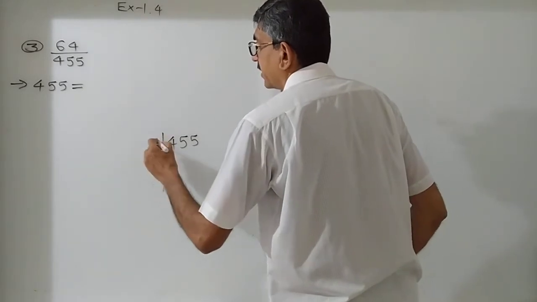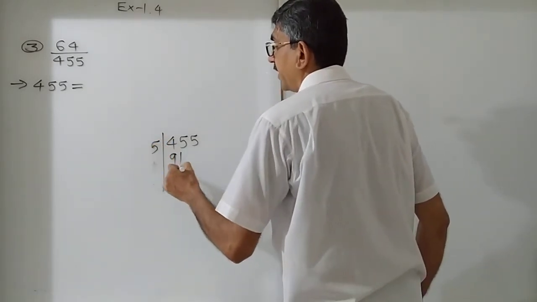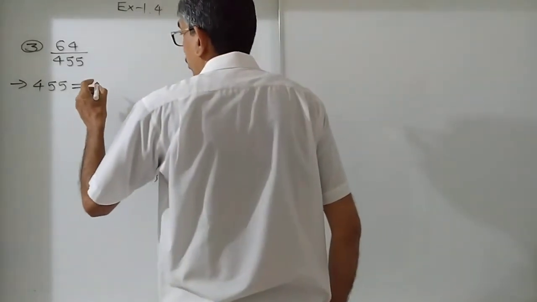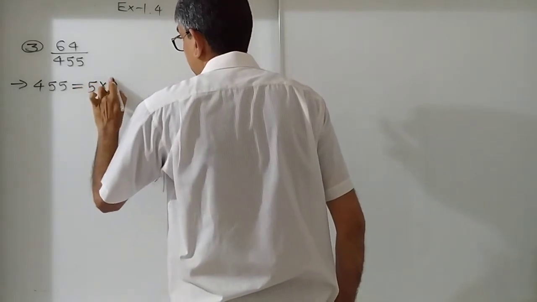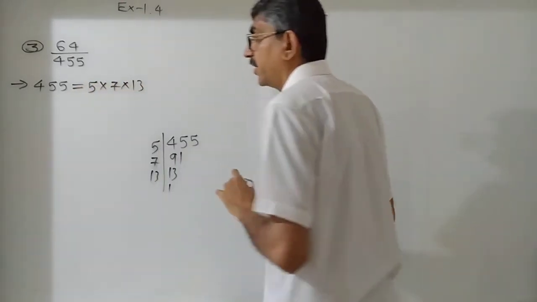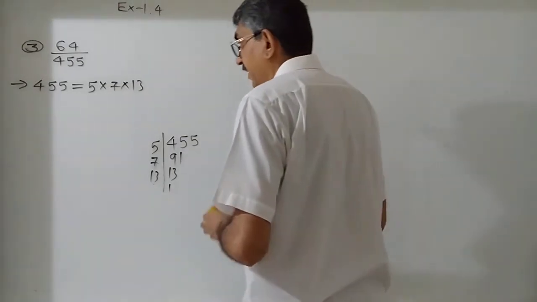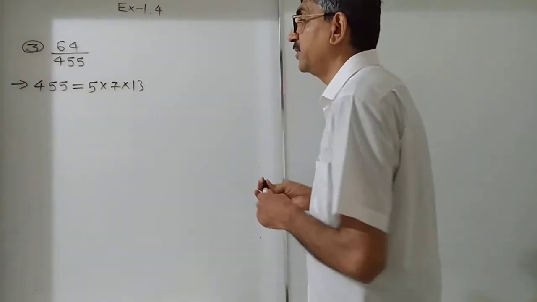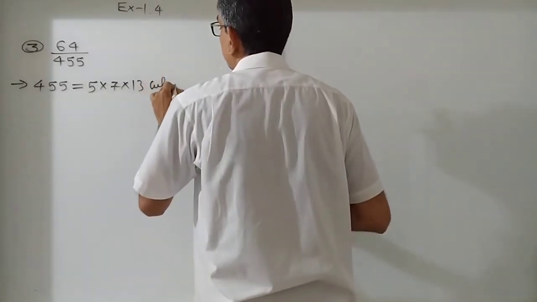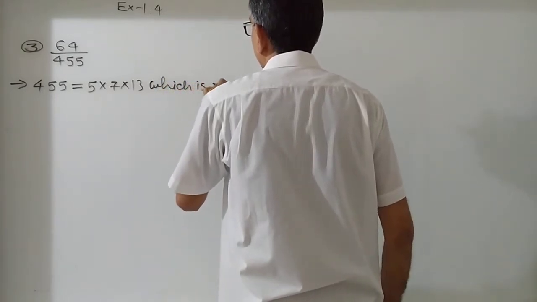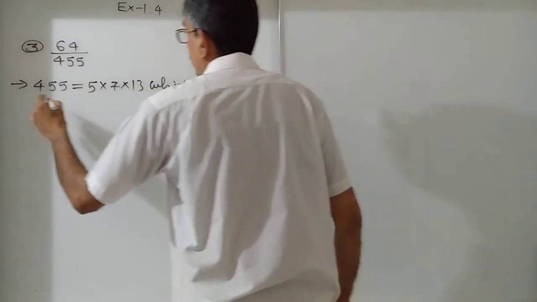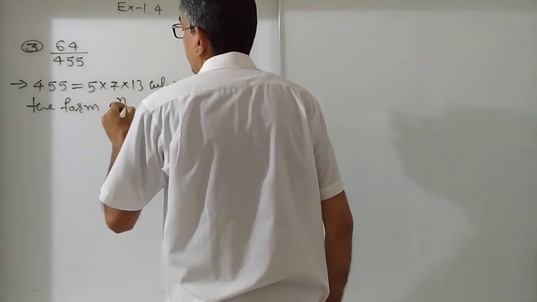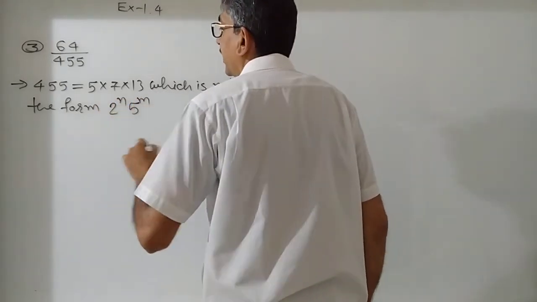First we divide it by 5. 5 nines are 45, 5 ones are 7. So 455 is 5, 7 and 13. So here we can say that this is not of the form 2 raised to n, 5 raised to m.